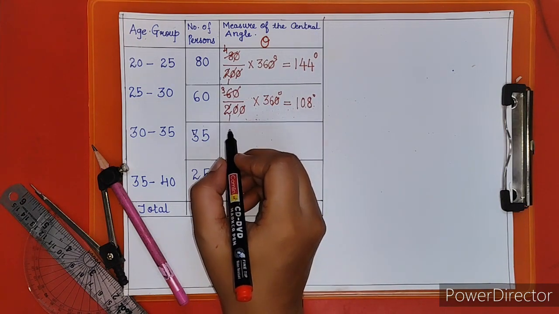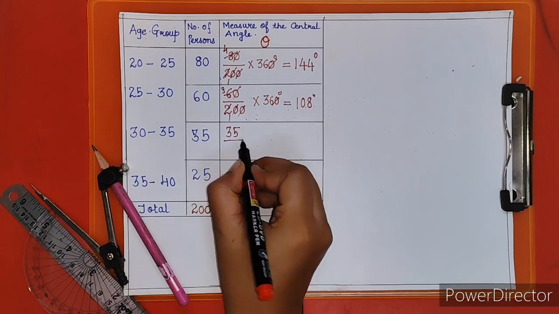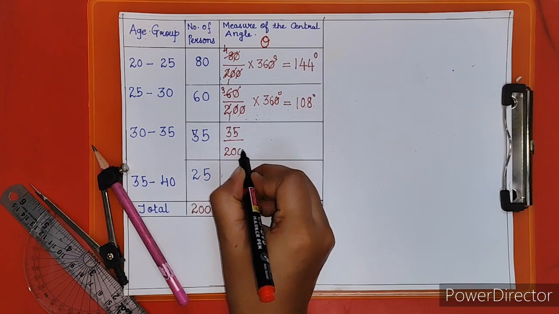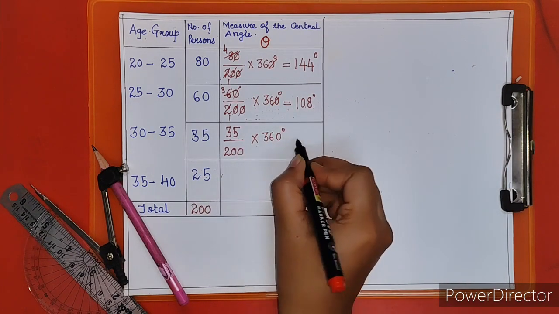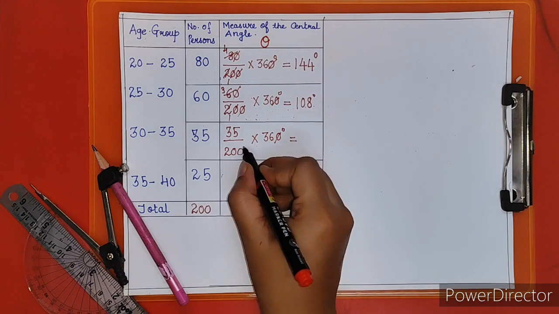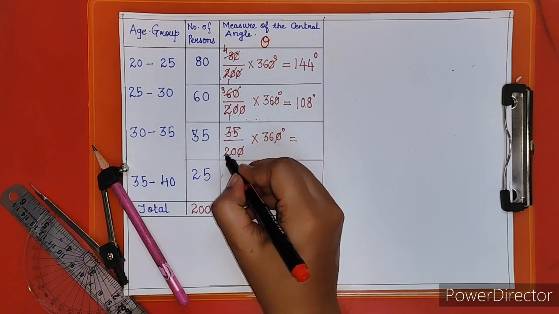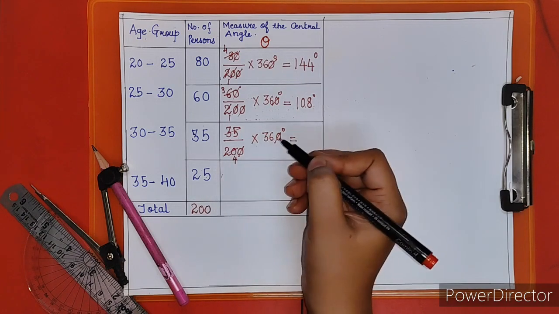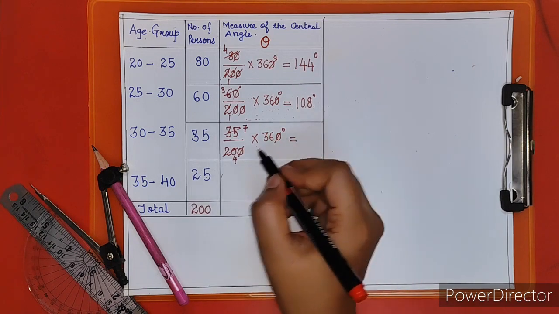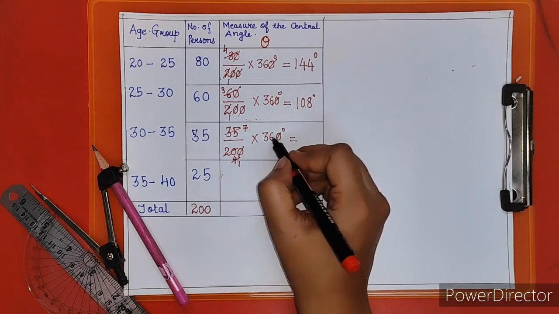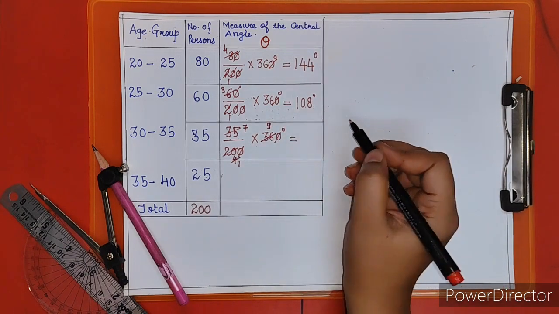Coming to the third one, the number of persons is 35. The total number of persons is 200. Multiply by 360 degrees. So here we will cancel the zeros first. 35 and 20 are divisible. 5 fours are 20 and 5 sevens are 35. 4 ones are 4 and 4 nines are 36.